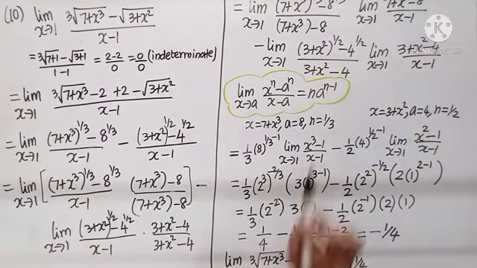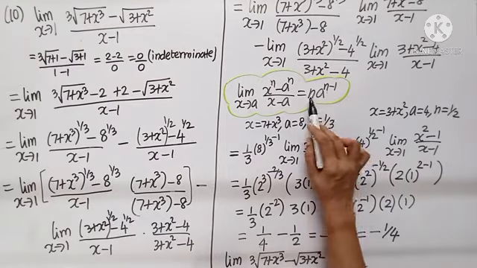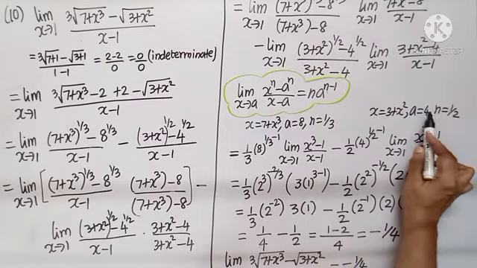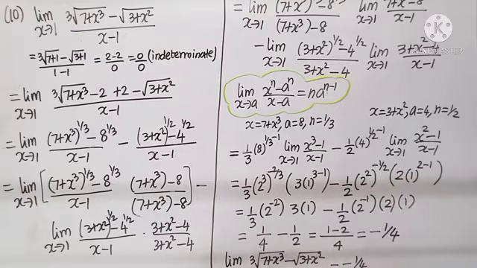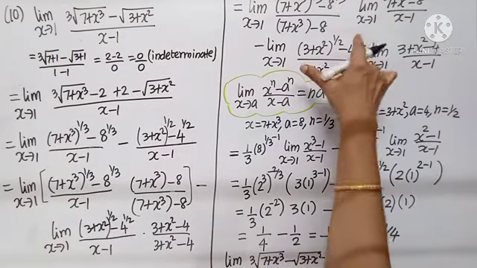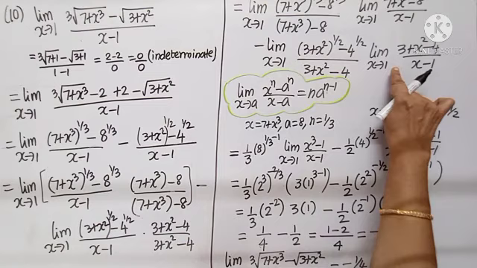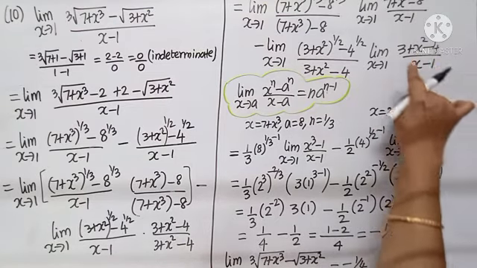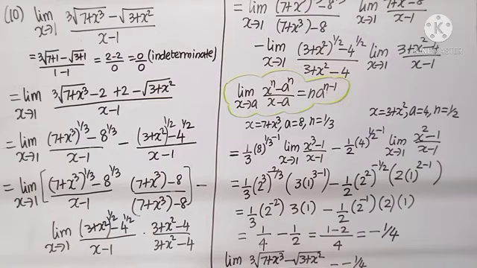As I substitute, it is n a power n minus 1. 1 by 2, 4 power 1 by 2 minus 1. But this is only for the first part. The second part I have to simplify. It is x square. 3 minus 4 is minus 1.